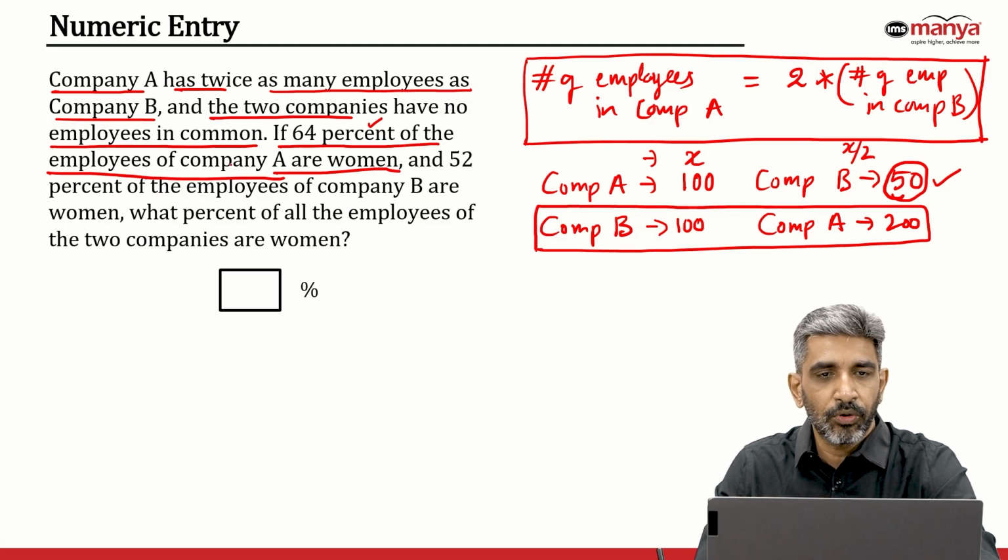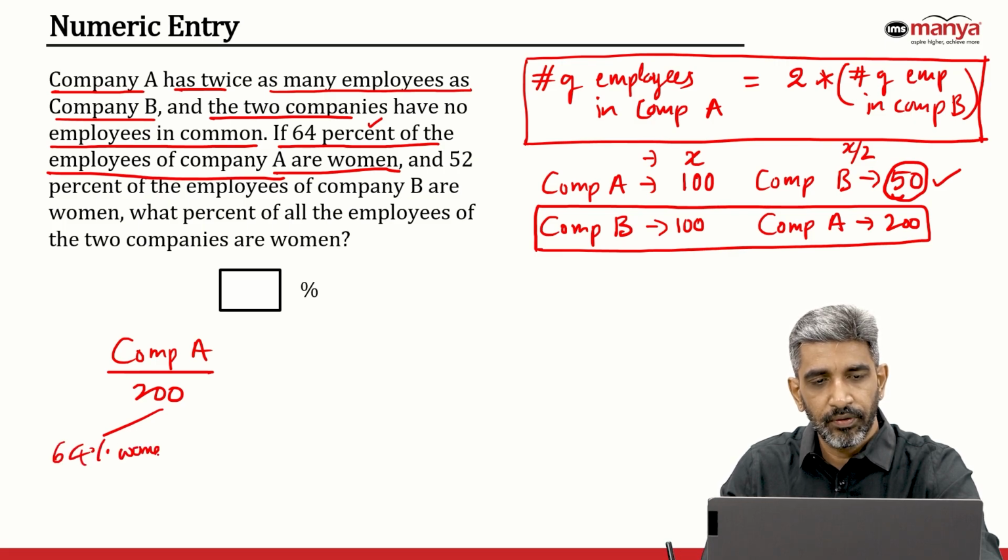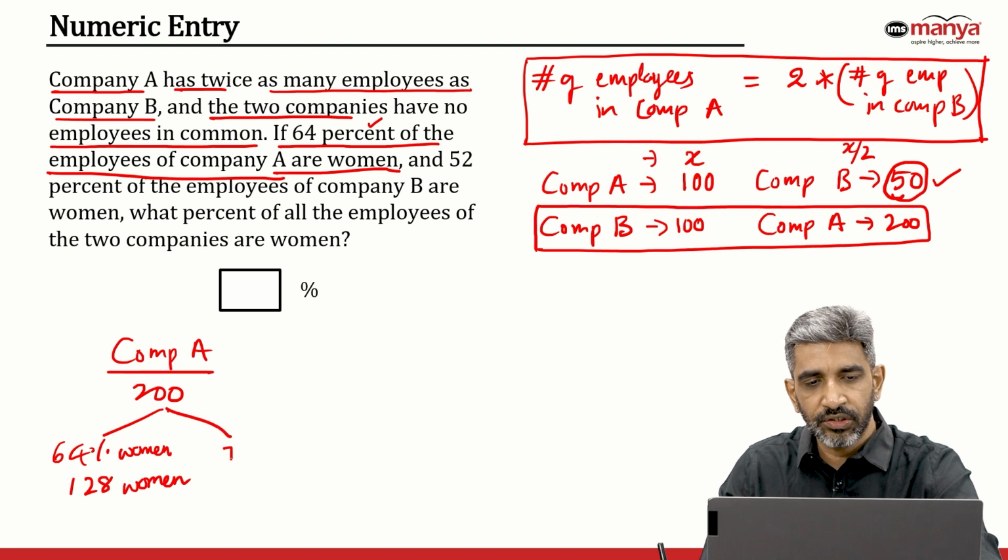64% of the employees of Company A are women. So let's look at Company A, which has 200 employees, out of which 64% are women. Now 64% of 200 is 128. So therefore there are 128 women, and therefore the remaining 72 employees are men.